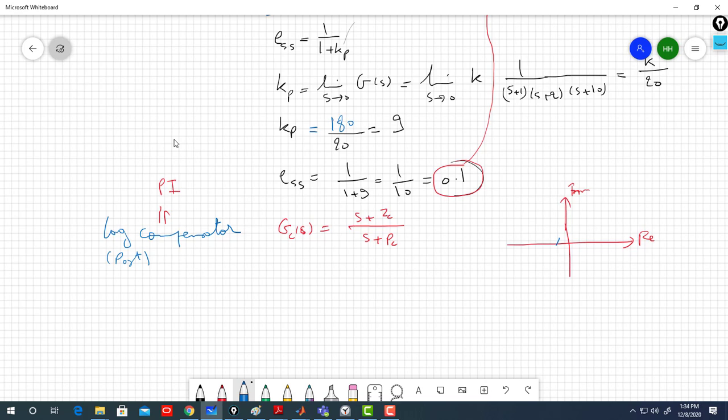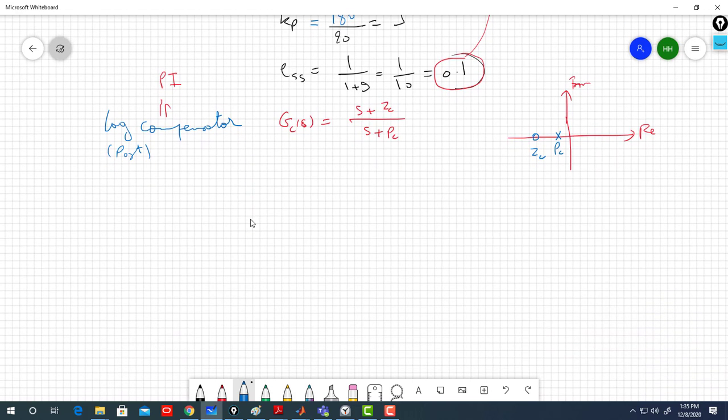Here is where you put the pole, and here is where you put the zero. P and zero. What we mean by here is just the pole smaller than the zero. Basically, the pole is what dominates the system. The pole dominates the system. That's why we call it a lag compensator, or equivalent to a PI controller.